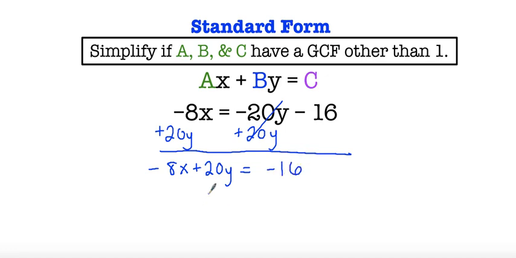Remember that a cannot be negative, so we have to multiply everything by negative 1. Negative 1 times negative 8 is 8x. Negative 1 times positive 20 is negative 20y.